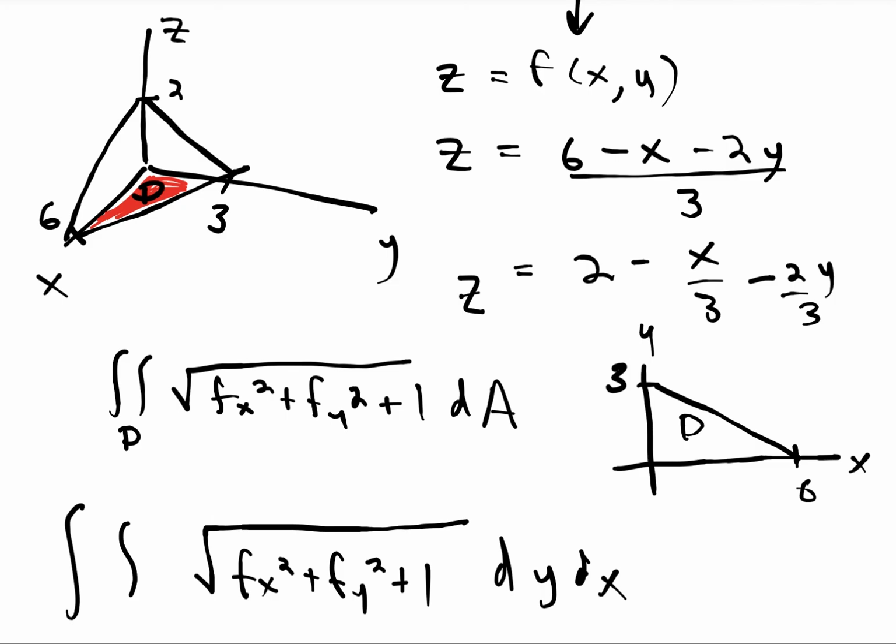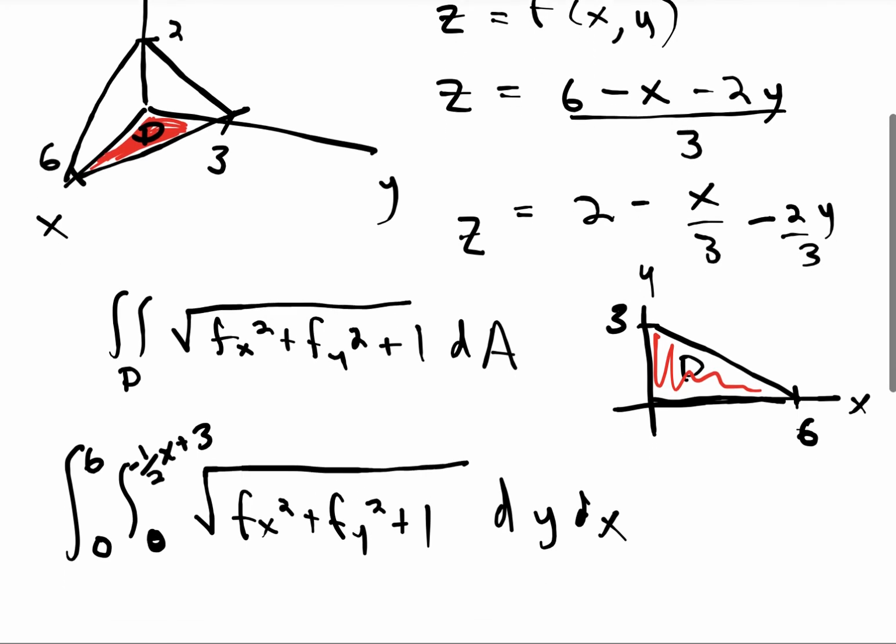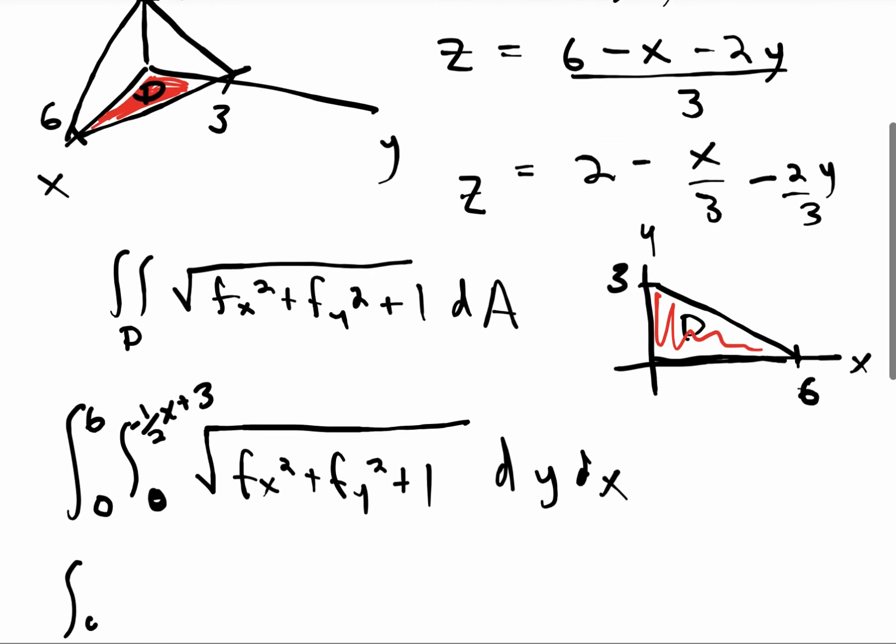It's got a y-intercept of 3, so it'll give me -0.5x plus 3 as my upper bound. And then the bottom bounding curve here is just y equals 0. And then we can also very clearly see my x bounds go from 0 to 6. So now I just need to actually compute these partials to grind out the rest of this integral.